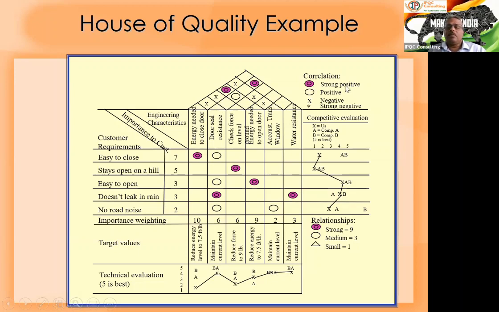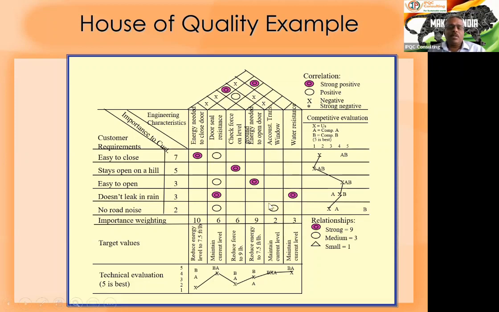You can see that you use symbols: double circle, single circle, and if there is a negative relationship between the technical or design specifications, you can use the symbol X. For strong negative, a star is used wherever the parameters inversely influence each other. So strongly positive, strongly negative, and in between. These are the symbols used.